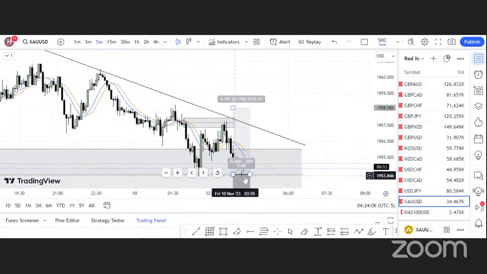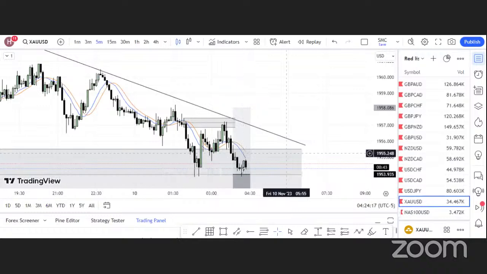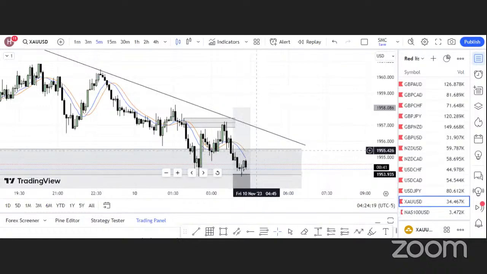But we don't want this to come to this area. We don't want it to close with a body here. If we get a close with a body here, we are going to go out of the market. But when it gets to this area, with a wick or with a body, we close the trade and go out of the market.